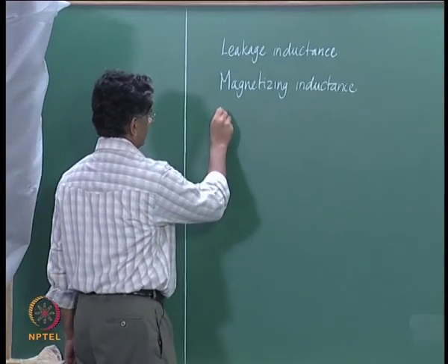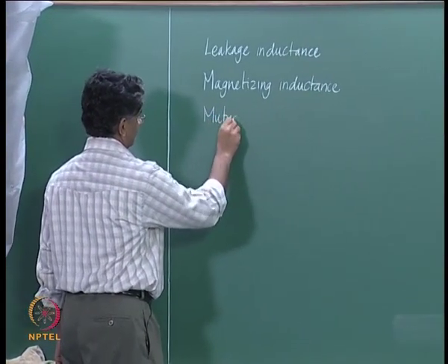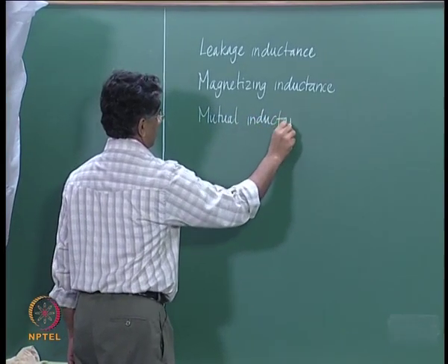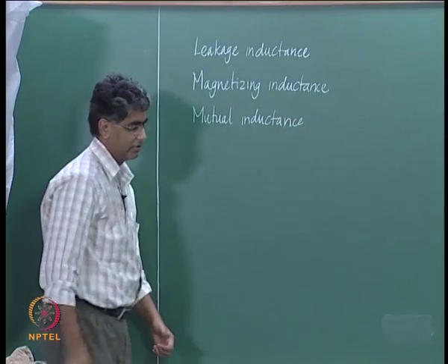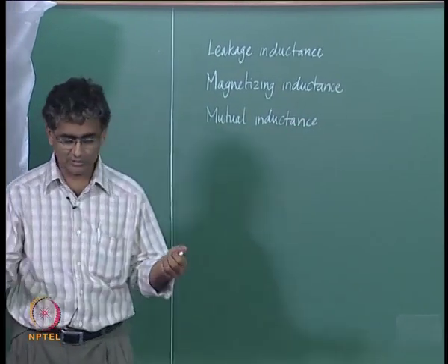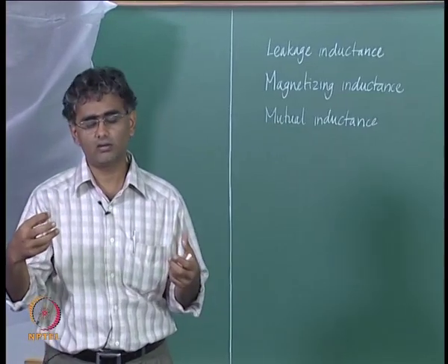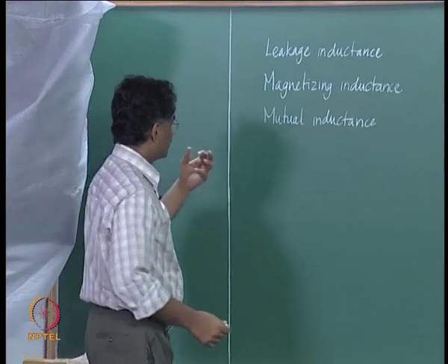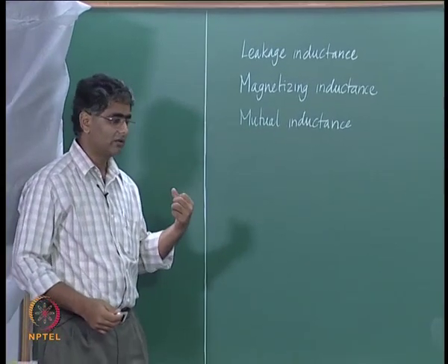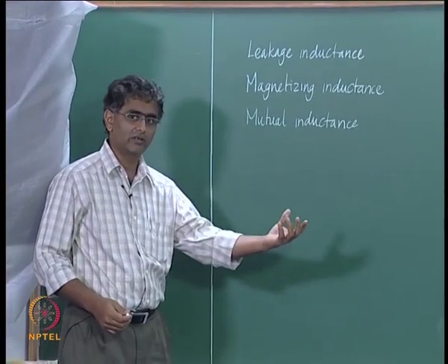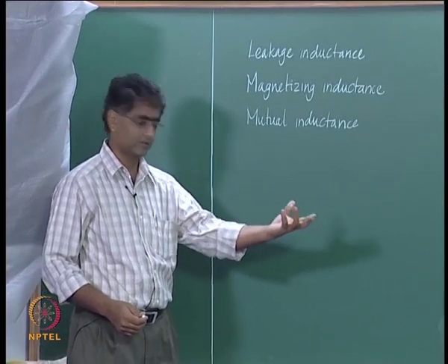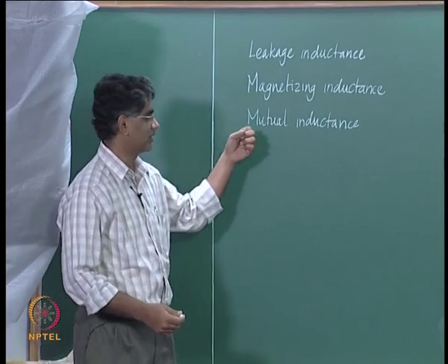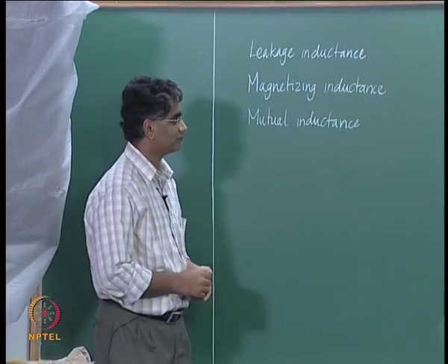And then we have also mutual inductance. When you have two or more electrical circuits which are linked by the magnetic flux, the flux linking a different electrical network due to excitation in another network is described by the mutual inductance.